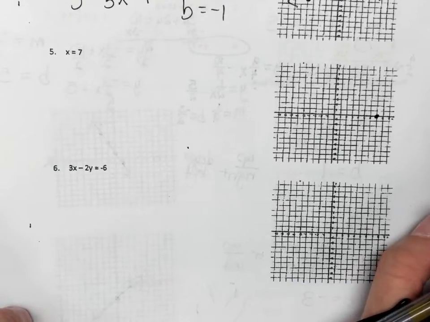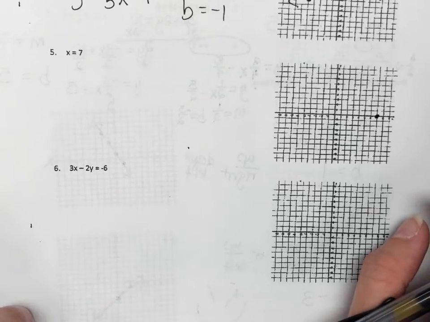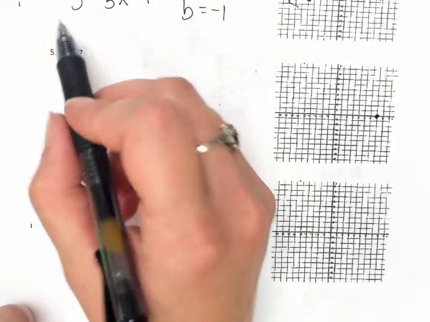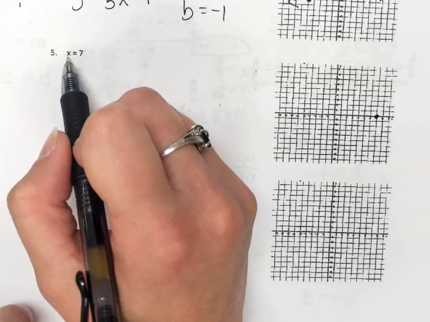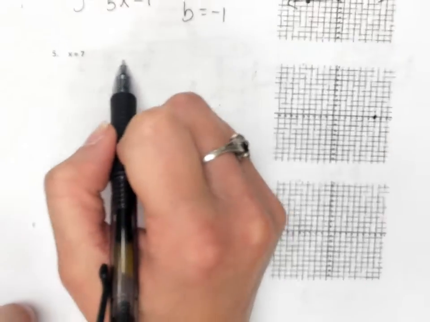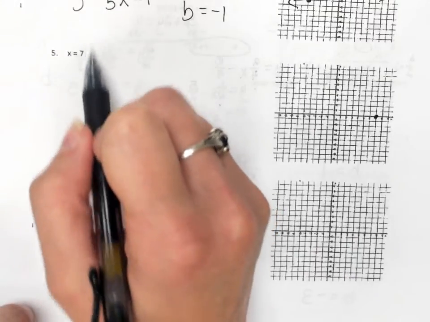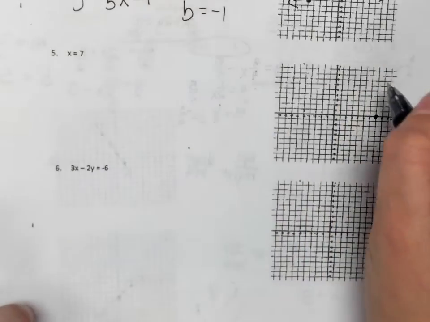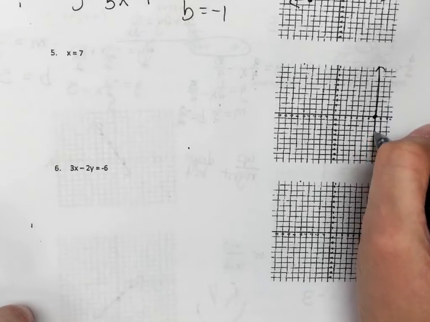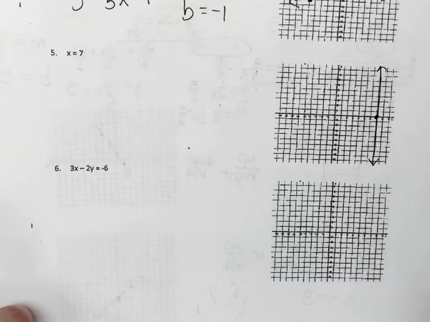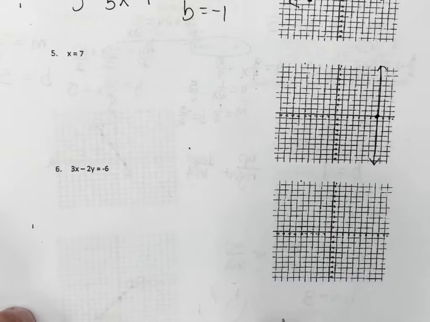Now, the way I remember this is it's opposite of the axis. So the x-axis is horizontal, right? So opposite of that would be vertical. There you go. It's a vertical line.